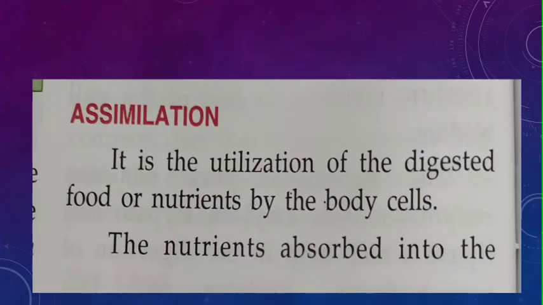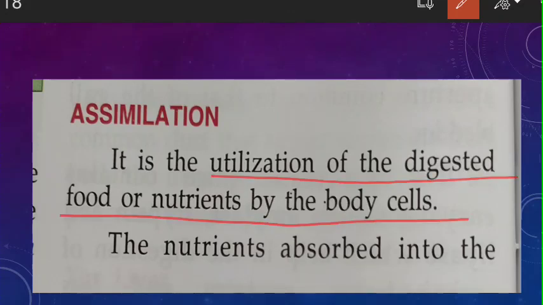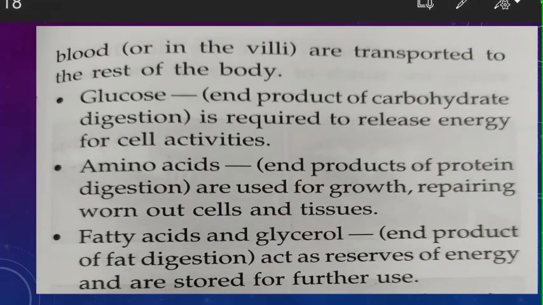Okay. Now assimilation. What is assimilation? It is the utilization of the digested food or nutrients by the body cells. Clear? This is called assimilation. So you can write: assimilation is the utilization of the digested food or nutrients by the body cells. The nutrients absorbed into the blood are transported to the rest of the body.